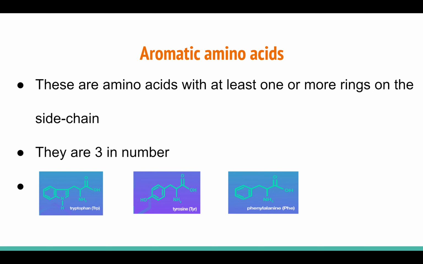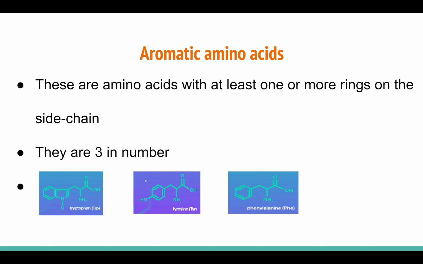So we have aromatic amino acids. Aromatic amino acids are those amino acids that has at least one or more rings on its side chain, and there are three of them in number. We have tryptophan, which is right here, and then we have tyrosine and the phenylalanine.